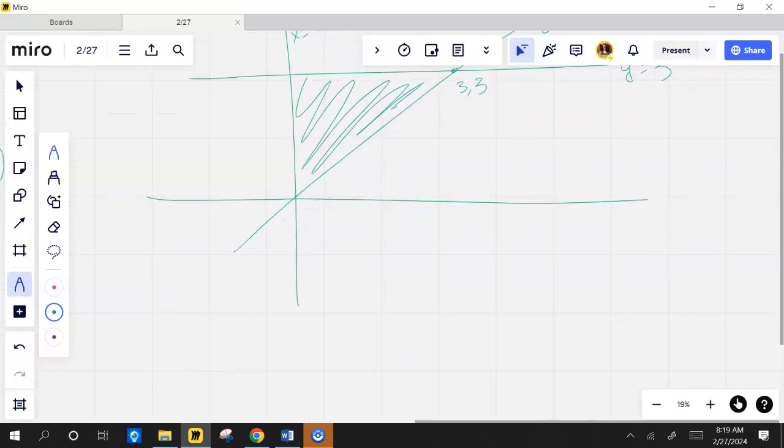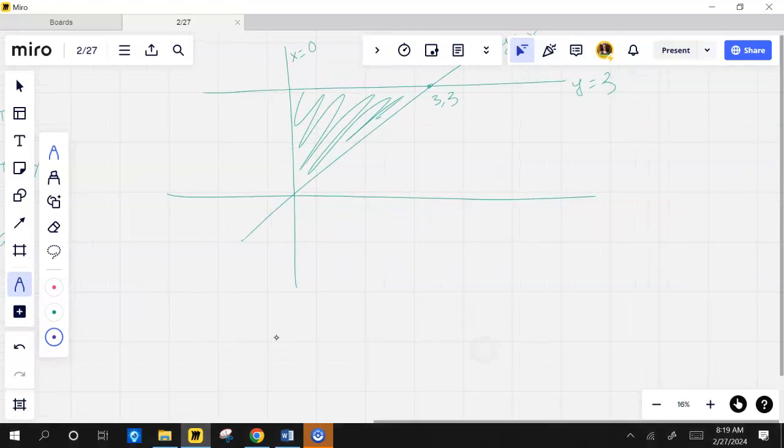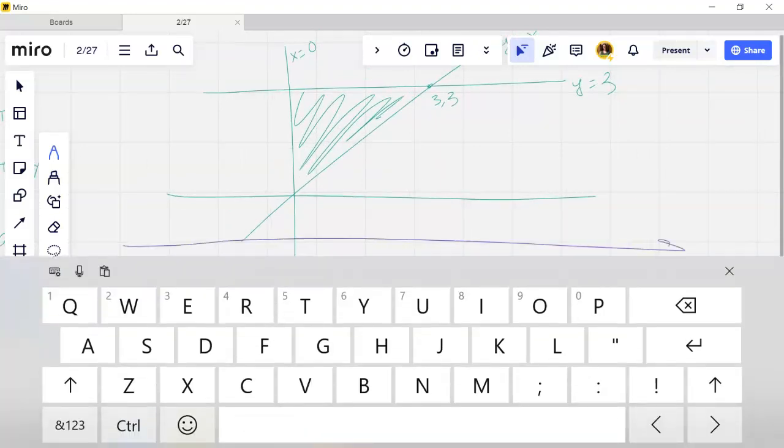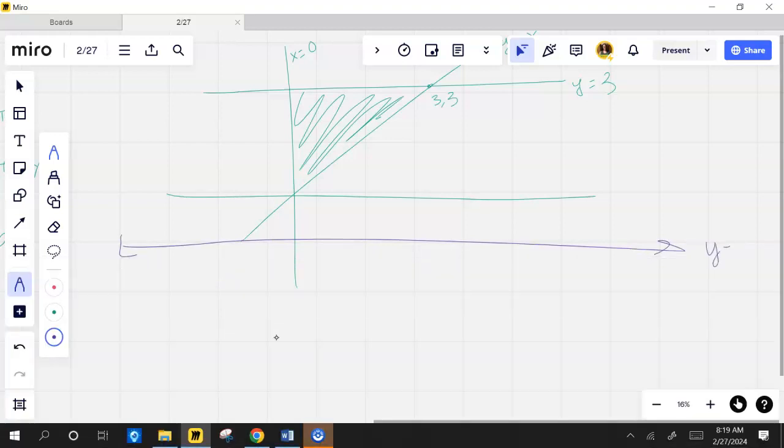And I'm rotating around the line y equals -1. So everything's flipped. So here's my whole radius. And what I need to take out is the whole. Does that make sense?